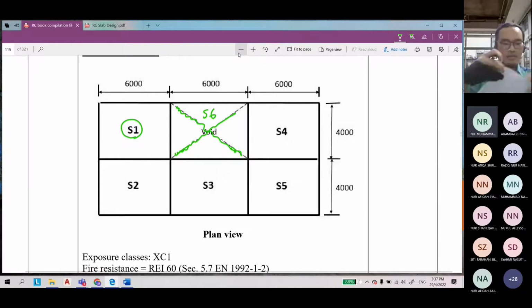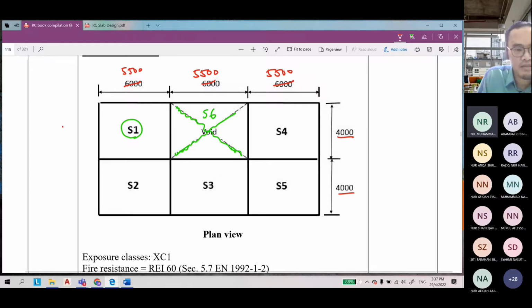The dimension of the slab is Ly equal to 4,500 mm, and Lx remains constant at 4,000 mm. So we will design the slab panel of S1.